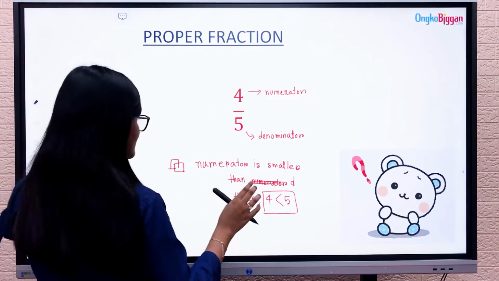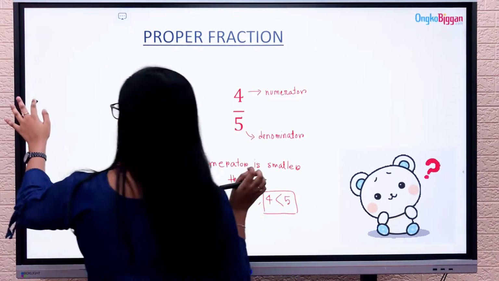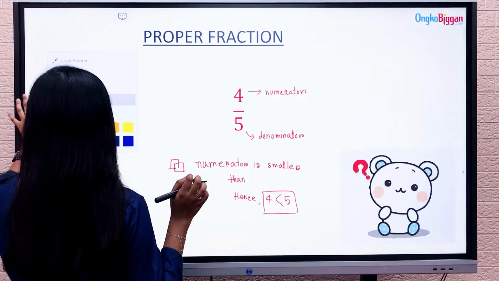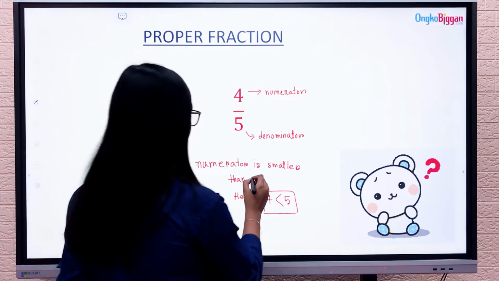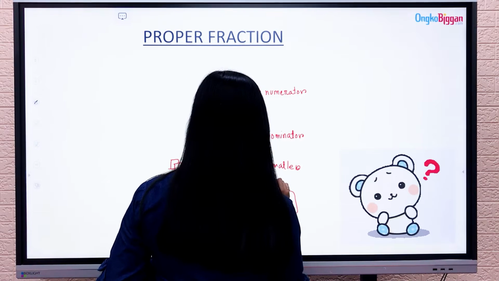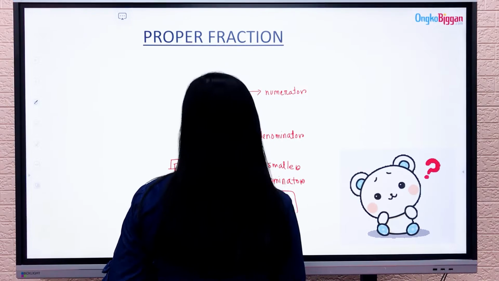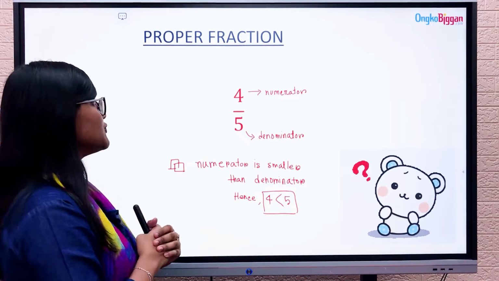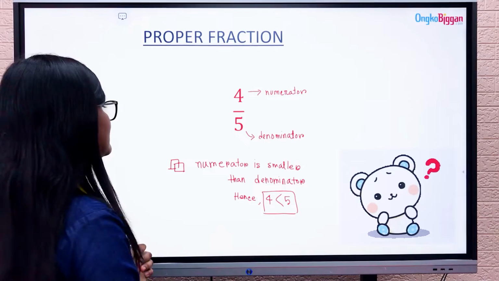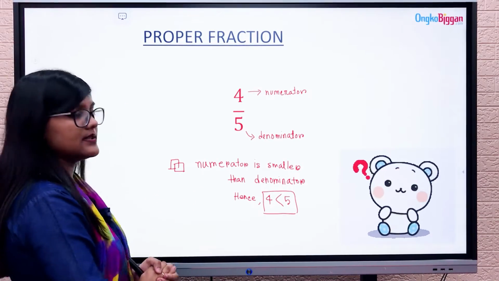So the condition to be a proper fraction is that the numerator must be smaller than the denominator.